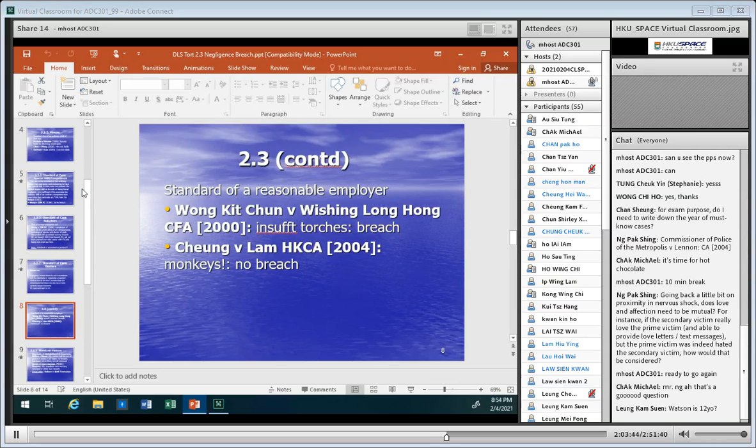So, was the employer liable in negligence? Well, did the employer owe a duty of care to the employee? Yes, even before Donoghue and Stevenson, employers owed a duty of care to employees. Was there breach of the duty of care in the Wishing Long Hong case? The court said yes. Well, what is the standard of a reasonable employer? A reasonable employer would spend a little bit of money.